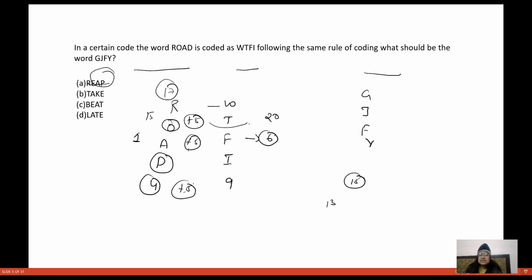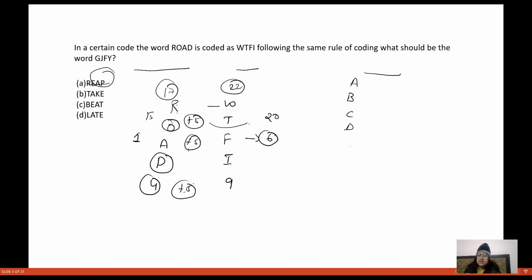R is written as 17, and this is obviously 22. I'll show you this in your alphabetical sequence as well.